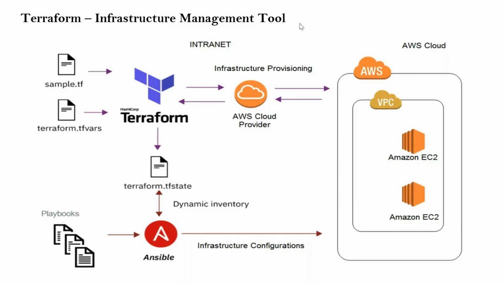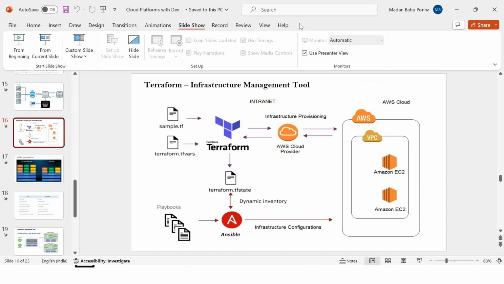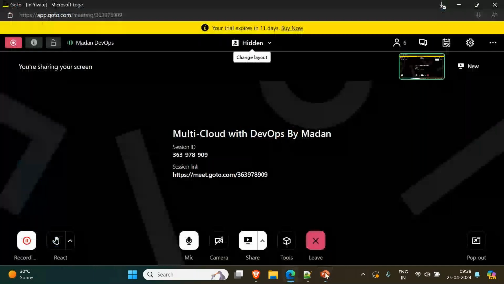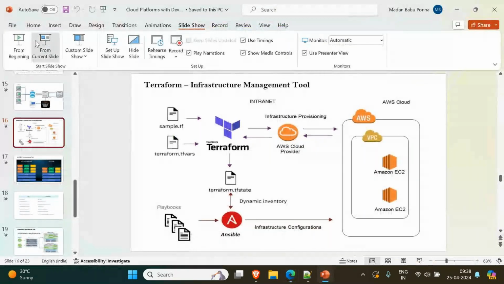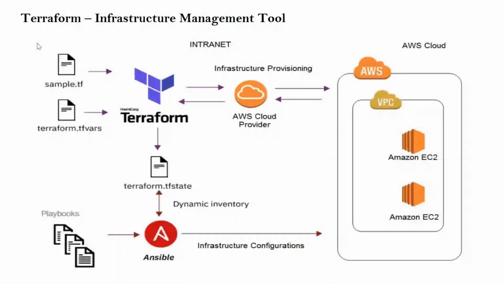If you do it manually, there is a good chance of accidentally deleting other projects' services as well. That is a chance of error. So to avoid such errors, we discussed at the time that we will be using a tool called Terraform.